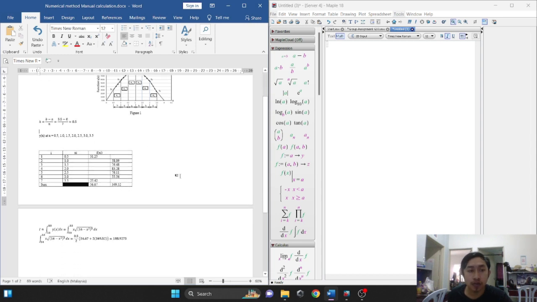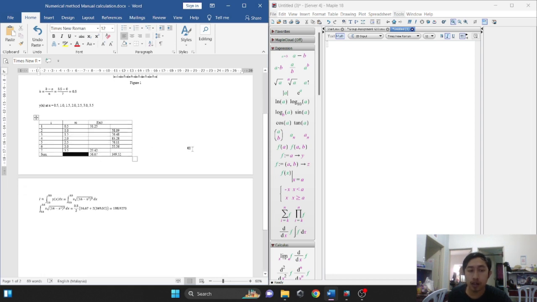Okay, so this table is the answer for f(xi). So the first value is at 0.5, the answer is 31.25. Okay, until value 3.5, we got 25.42. Okay, so the total sum of f(xi) for 1 and 7 is 56.67.